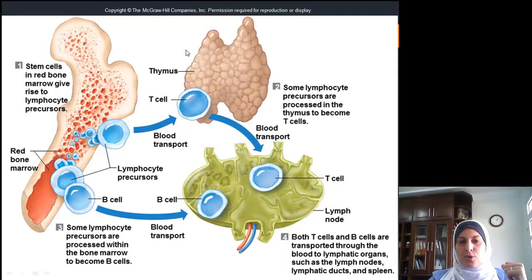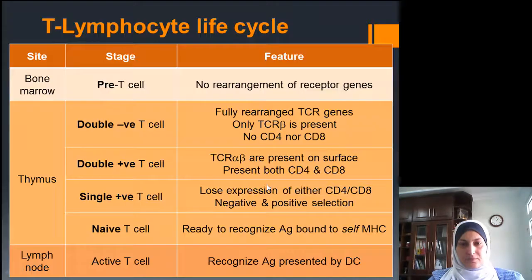It has to go to the thymus, where it goes through several steps of differentiation, preparation, and training, and then from the thymus it will go to the lymph node to get activated there. So let's see what happens in detail.